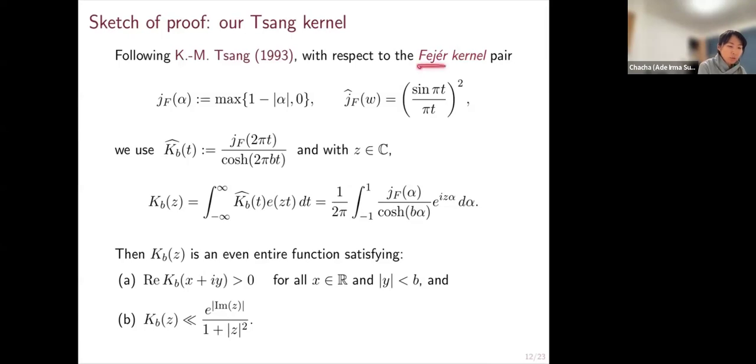He took a kernel with respect to the Fejér kernel. The Fejér kernel just looks like this triangle supported in [-1, 1], and the peak is exactly at the origin, at alpha equals 0. Now the Fourier transform of that is (sin πt / πt) squared. Now what he did was tweak it with a hyperbolic cosine.